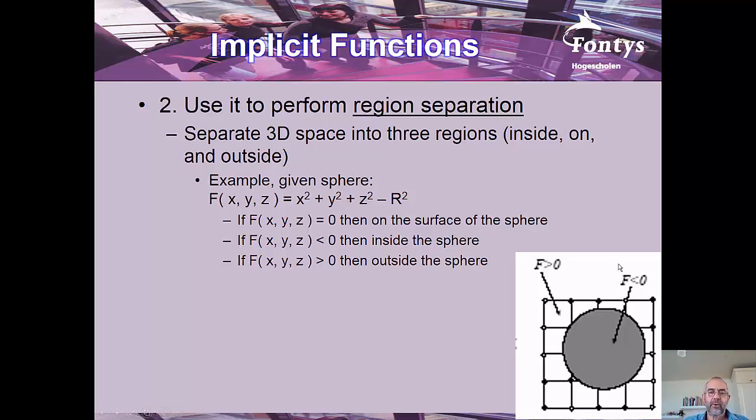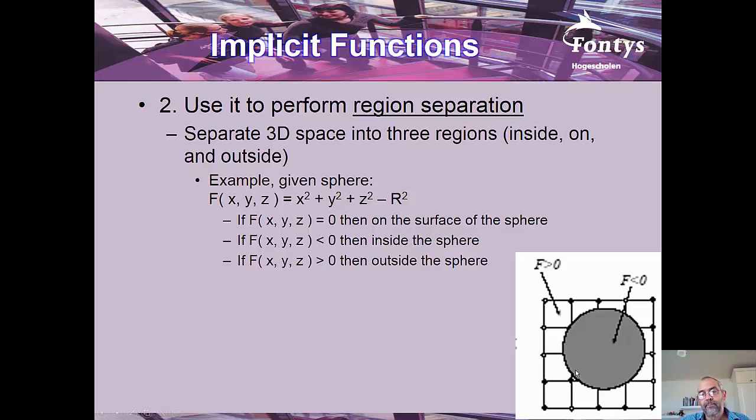So we can separate the whole world, the whole volume, into two regions. The region where f is smaller than 0, that's actually inside the sphere, and the region where f is bigger than 0, that's outside of the sphere. We can use this for cutting and clipping, because what we can do is we can say we want to see only the values on the sphere.